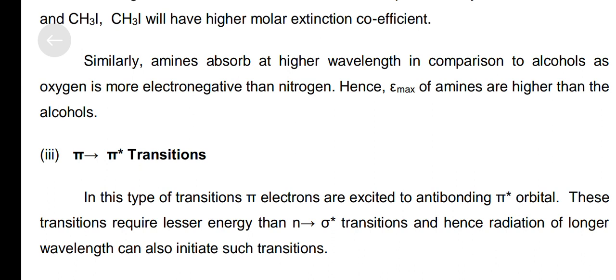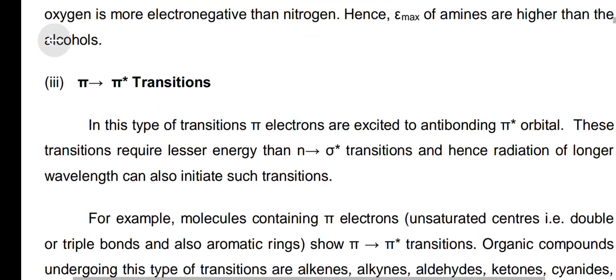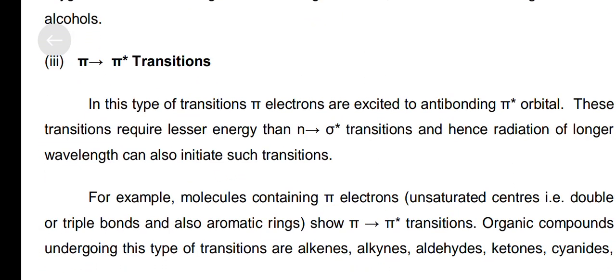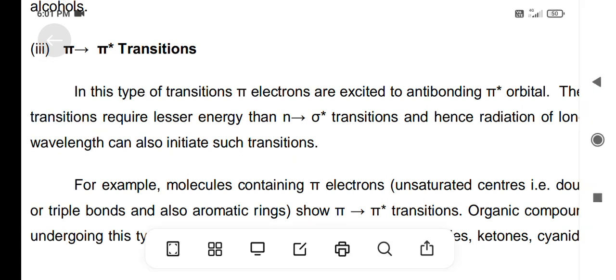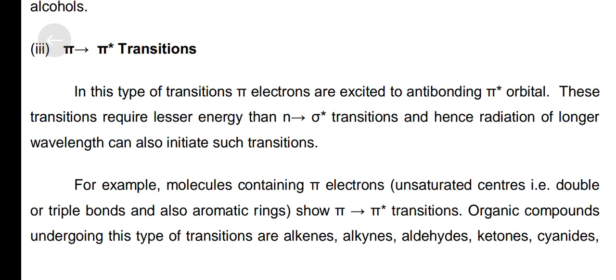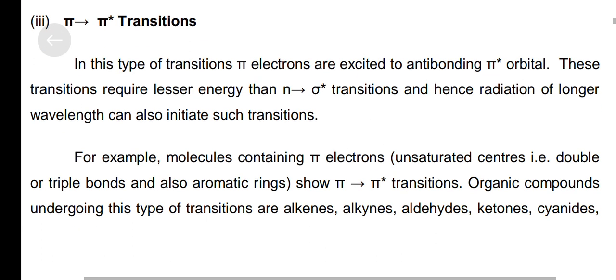These transitions require less energy than n to sigma star transitions, and hence radiation of longer wavelength can also initiate such transitions. For example, molecules containing pi electrons, unsaturated centers, double or triple bonds, and also aromatic rings show pi to pi star transition.